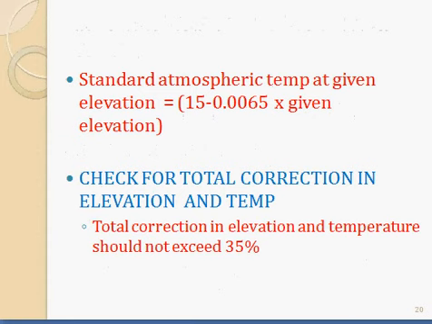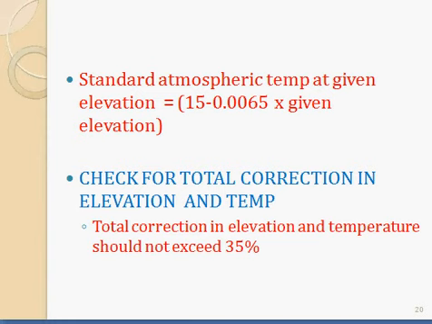Next, you can find the standard atmospheric temperature at the given elevation using this equation: 15 minus 0.0065 times the given elevation. So you have the ART and you have the standard temperature. Find the difference between these two, and for every 1 degree Celsius difference, you increase the corrected length by 1%.